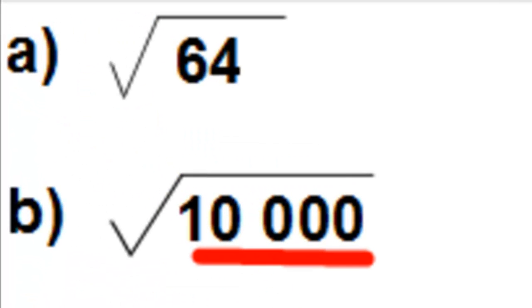Okay, let's look at B. B is 10,000. So the answer there is plus 100 and minus 100. Now, notice I've underlined the zeros here. We can count the number of zeros.